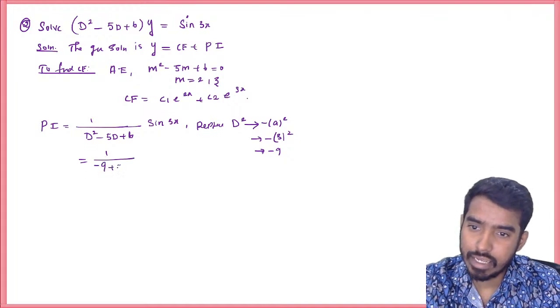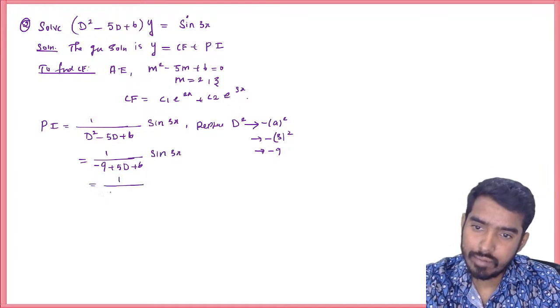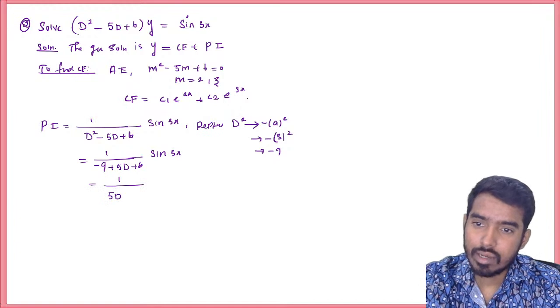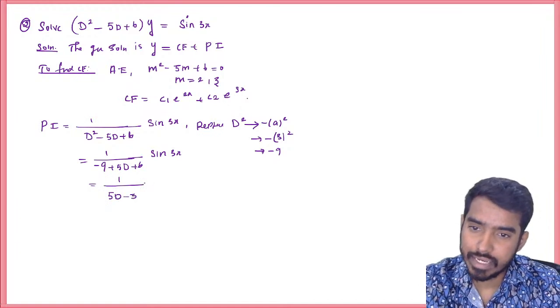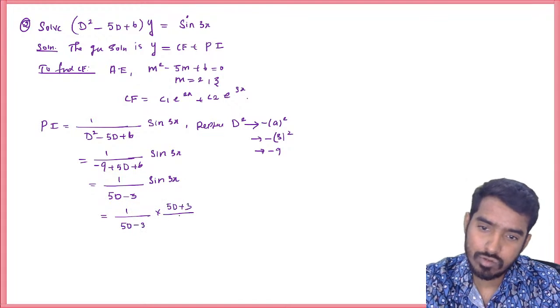We will have 1 divided by minus 9 plus 5D plus 6, sin 3x. So 1 divided by 5D, minus 9 plus 6 is minus 3, sin 3x. So take the conjugate here. So we have 5D minus 3, right? So multiply with its conjugate, 5D plus 3, 5D plus 3, sin 3x.